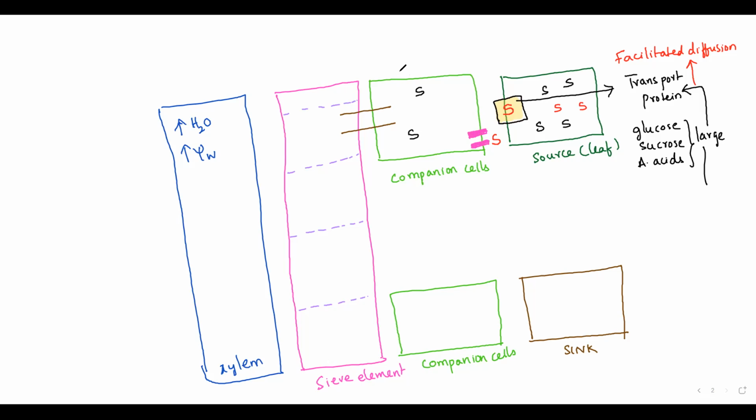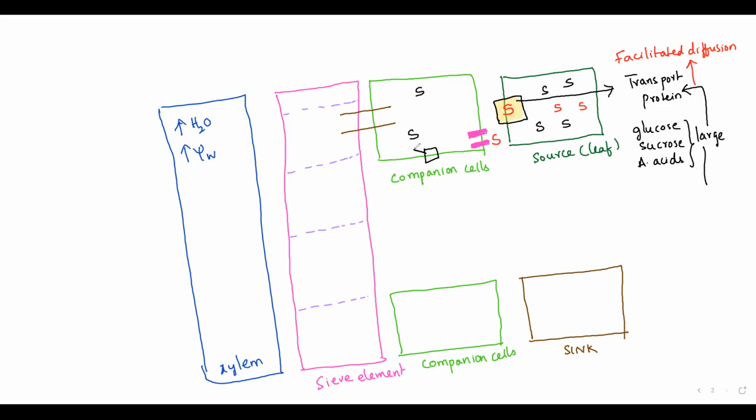And remember, companion cells are going to have many mitochondria also. They're producing ATP for themselves, which is going to facilitate what we are going to call active transportation, children. Now in the companion cells, what we have is proton pumps.